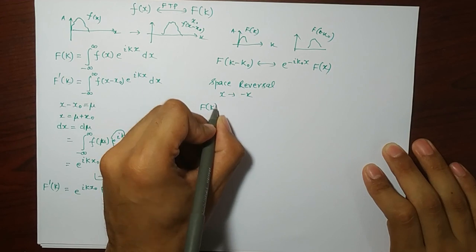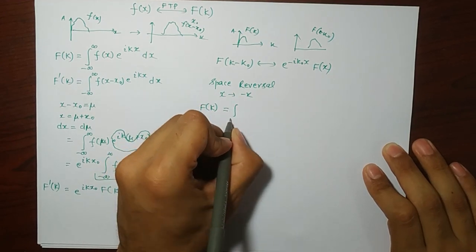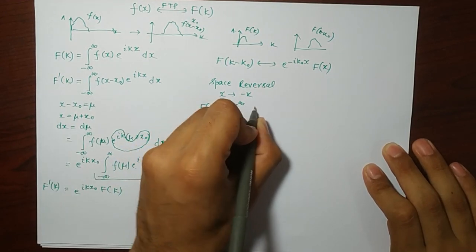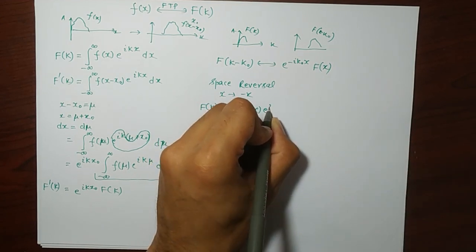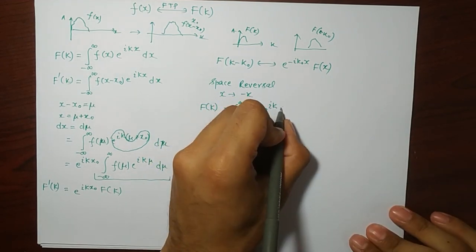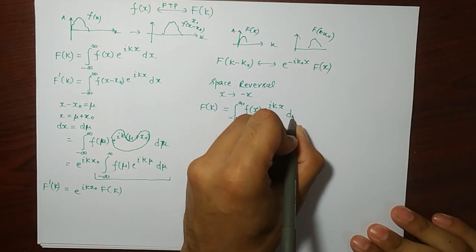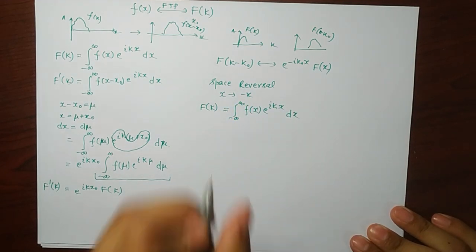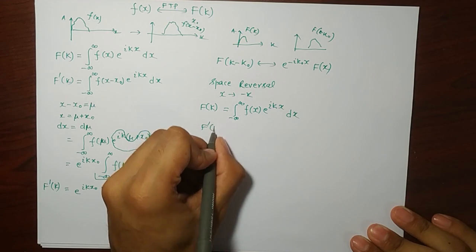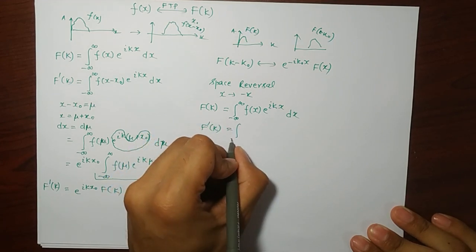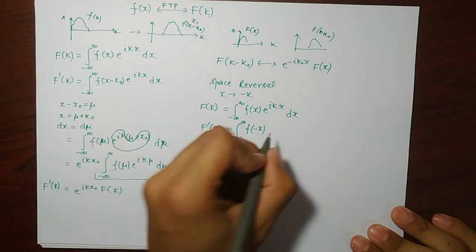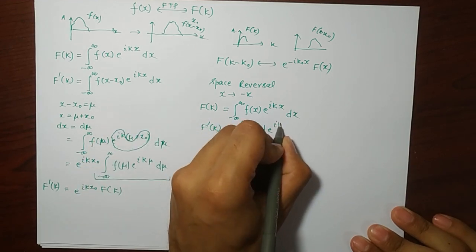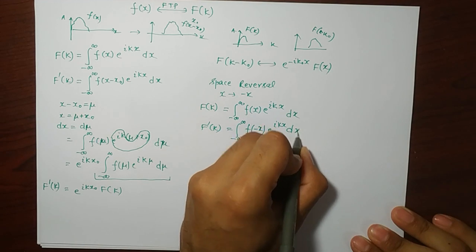So f dash of k is the integral of f of minus x, e to the power i k x, dx.